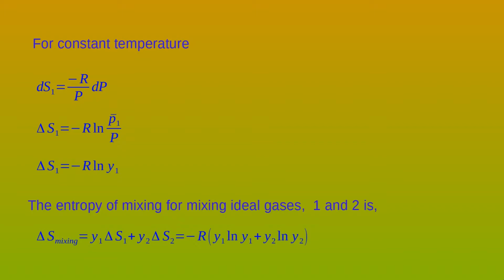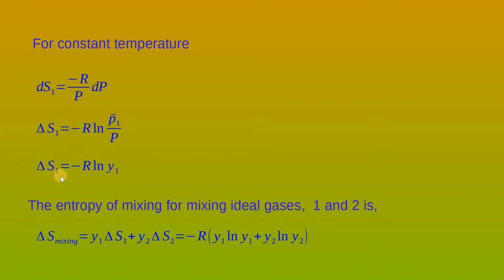That is, the pressure that they will have in the mixture will not be pressure P, but it will be their partial pressure. Therefore, the change in entropy is nothing but minus R into ln, to start with, what is the initial pressure of the component 1 in the pure phase, which is nothing but P, to the final pressure it would have in the mixture, that is P1 bar, that is its partial pressure.